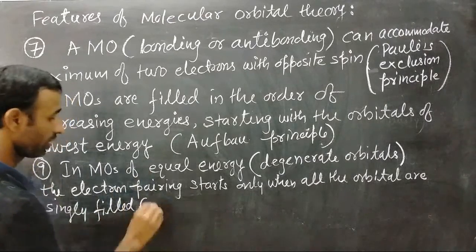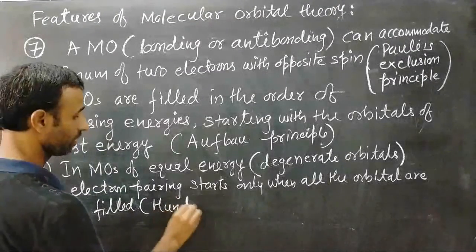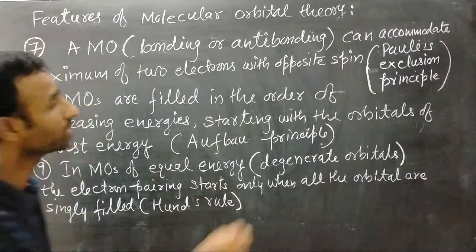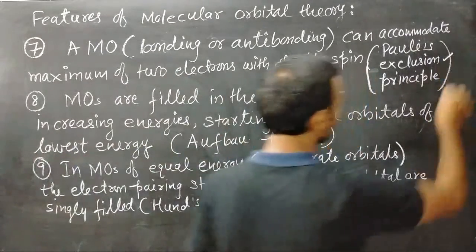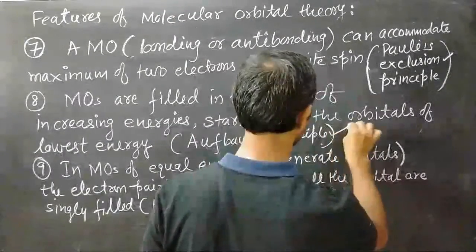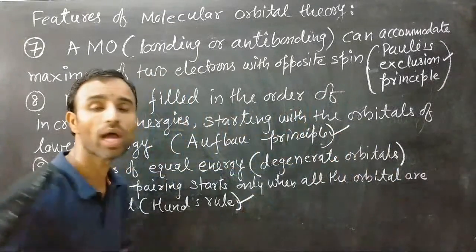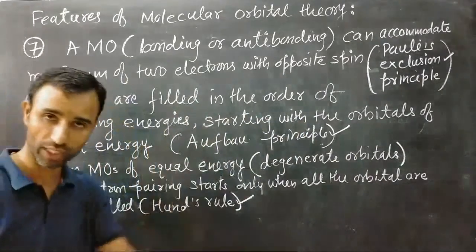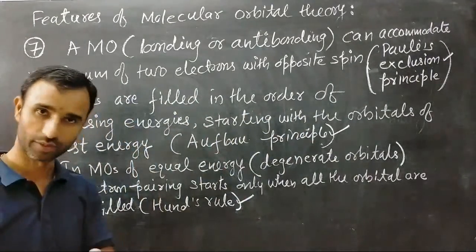That is called Hund's rule. So that means Pauli's exclusion principle, Aufbau principle, Hund's rule, all are applicable to molecular orbitals. Done?